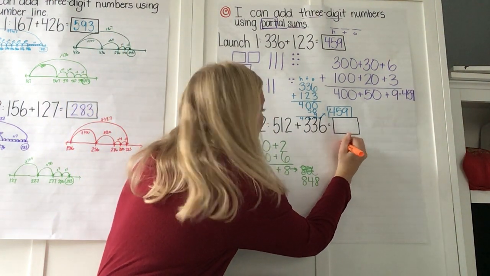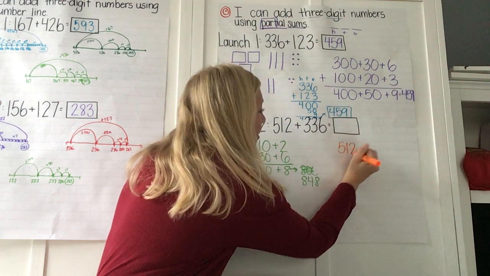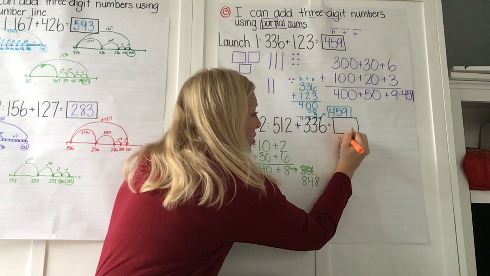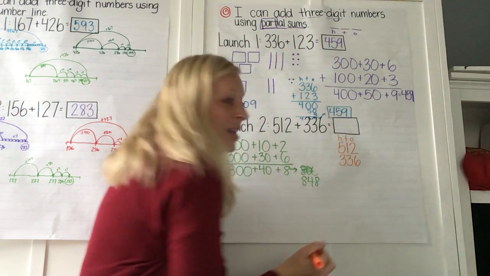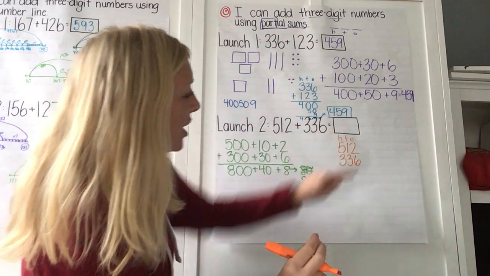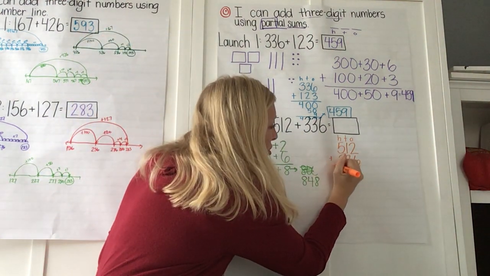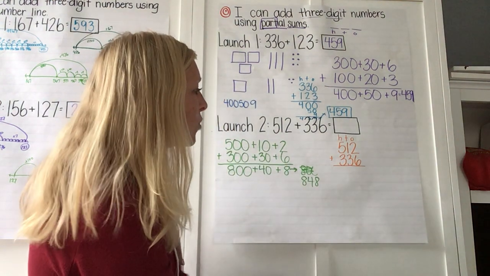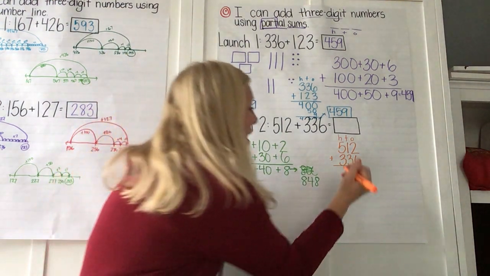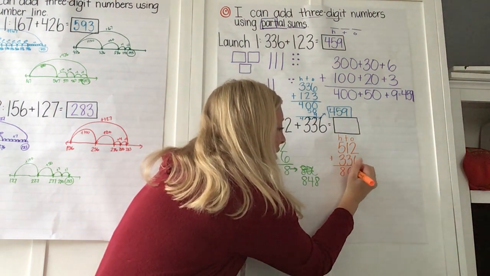So you have 512, 336, and friends, if it helps you to line them up by even giving yourself a little H2O chart at the top and labeling those, that could help. Make sure you line them up just right. What did you add together first? You added your 800.